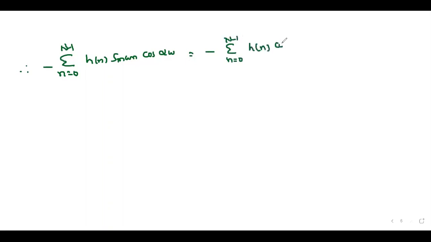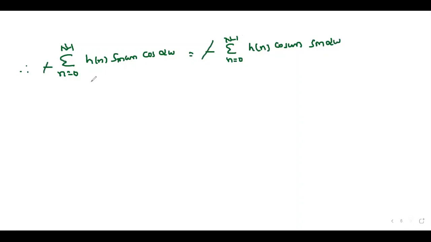Therefore, it is written as minus summation n is equal to 0 to N minus 1 h of n into sine omega n into cos alpha omega, is equal to minus summation n is equal to 0 to N minus 1 h of n into cos omega n into sine alpha omega. Okay, so minus minus cancel.